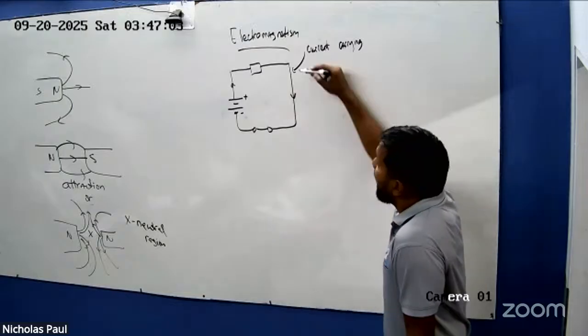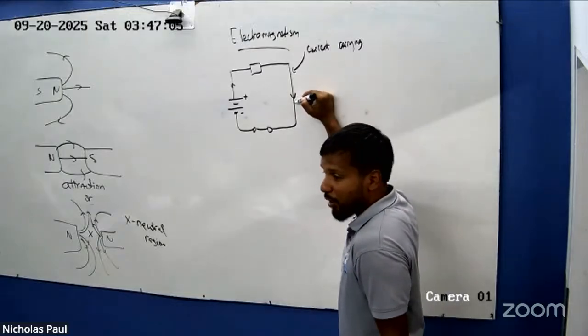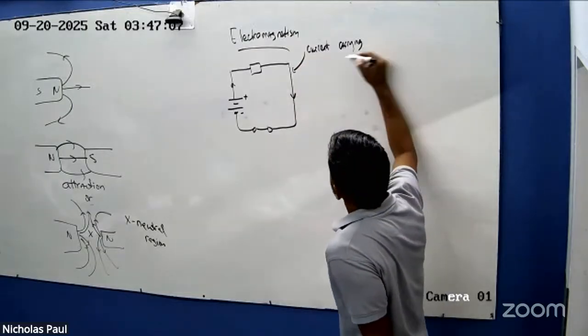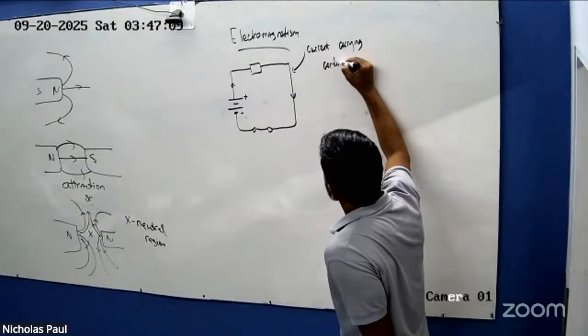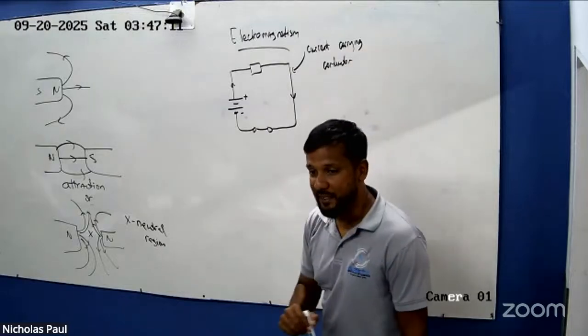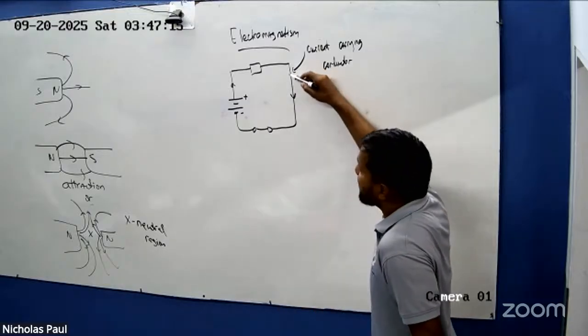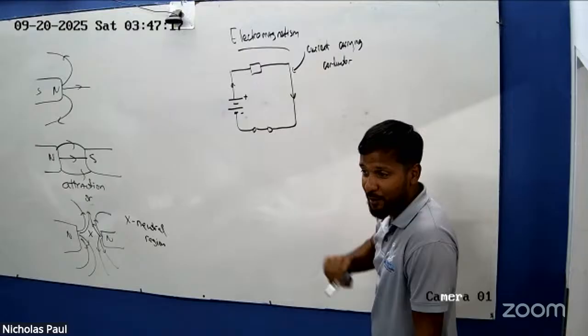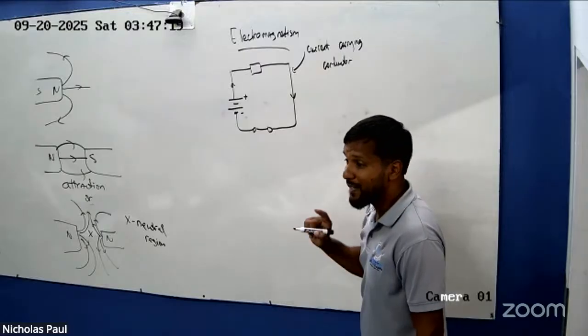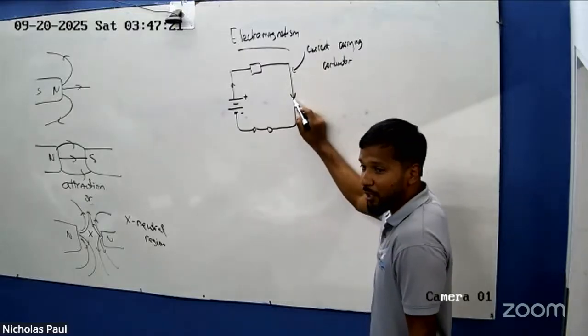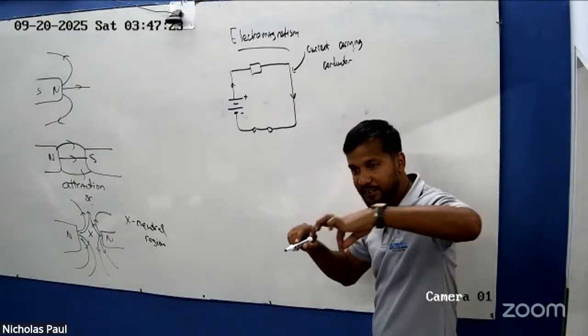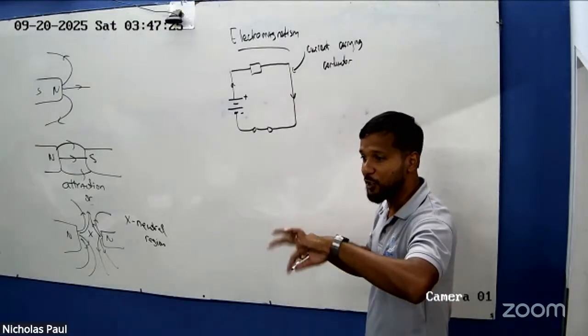So this current carrying conductor, current going down, has a magnetic field around it, right? And the magnetic field around this conductor is in the form of little circles. We call it concentric circles.